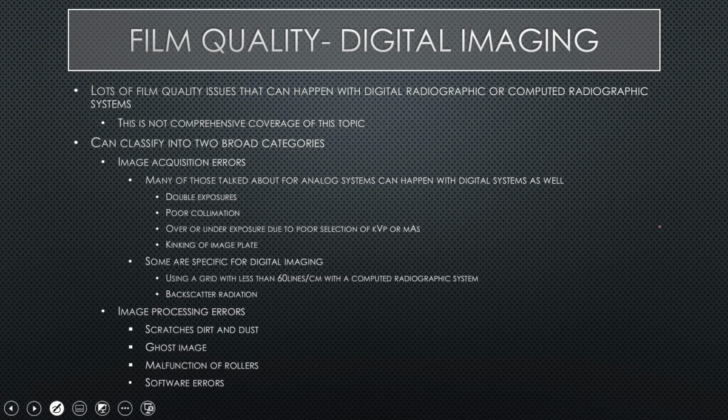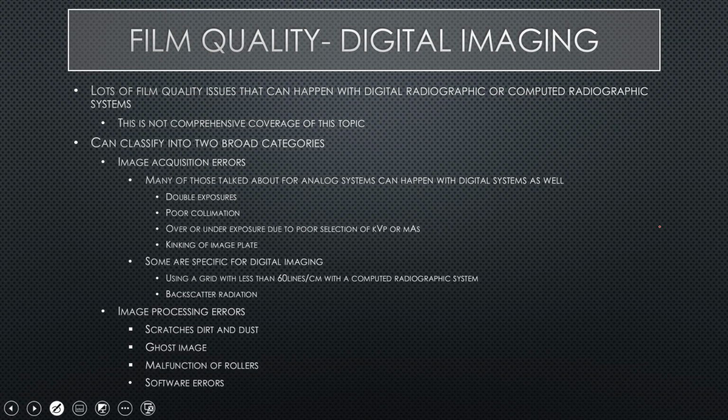You can classify these into two broad categories, either image acquisition errors or image processing errors. With the image acquisition errors, a lot of these we talked about with analog systems can also happen with digital systems. So double exposure, poor collimation, over or under exposure, and something called kinking of the image plate.